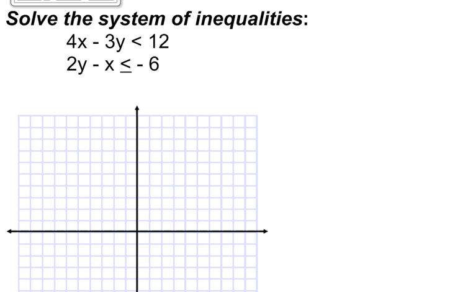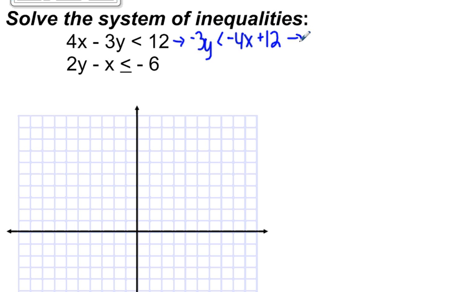First thing we want to do is start off by solving both of these equations to get them into slope-intercept form. So starting with my first equation, I'm just going to subtract 4x from both sides so that I can have the y by itself.